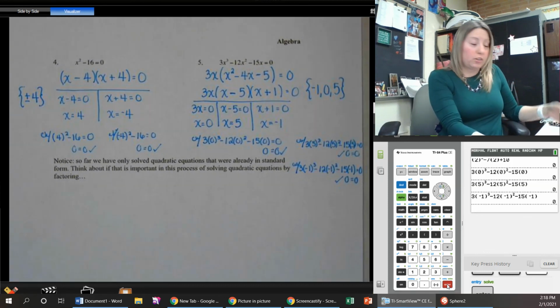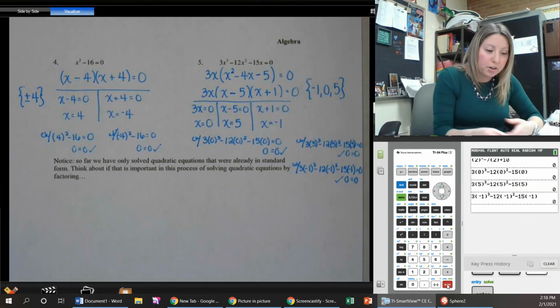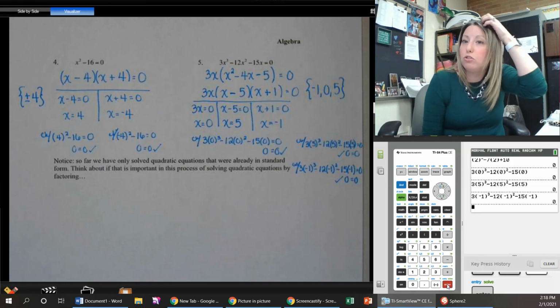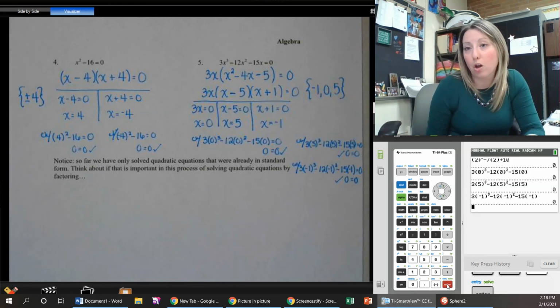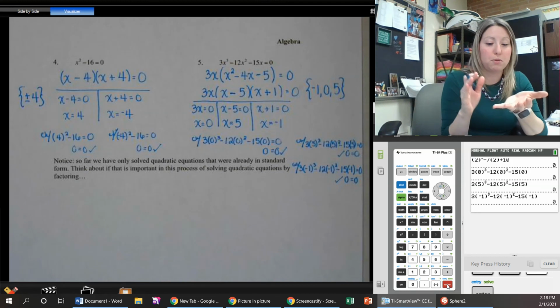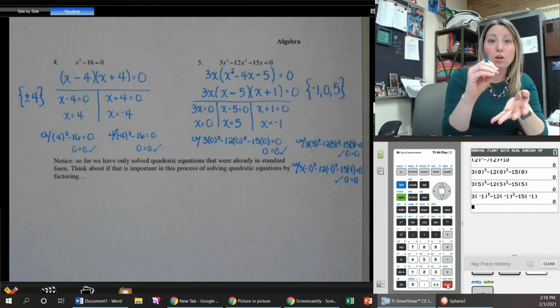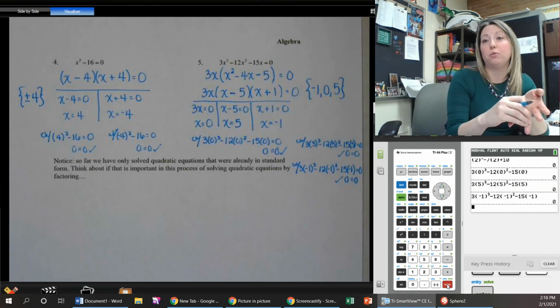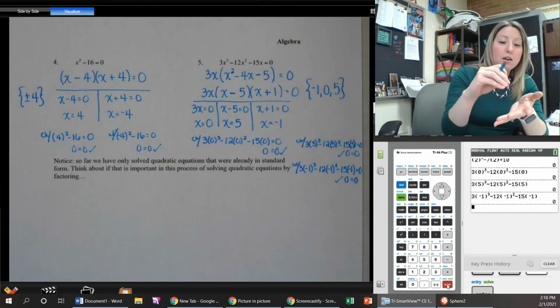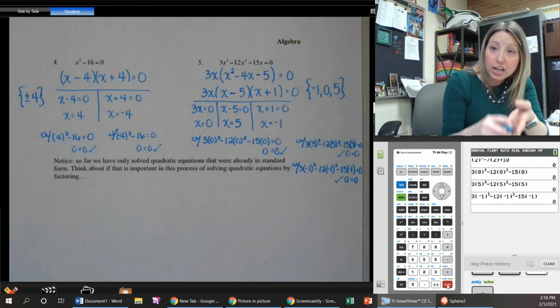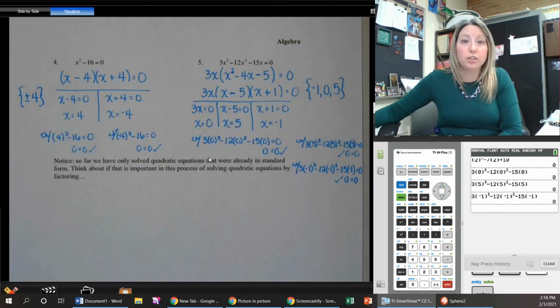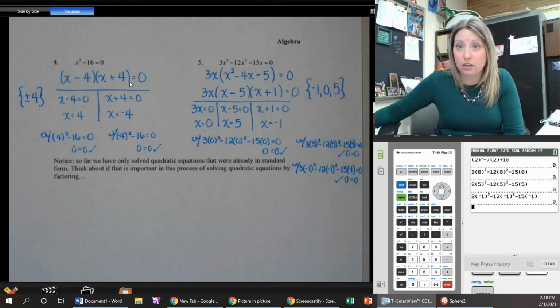So, of course, today our equations are already going to be in standard form. I just want you to practice being able to identify the type of factoring and factor it, and then be able to set each factor equal to 0 in the T-chart and get those different answers. So I really want you to make sure that's what you're practicing.